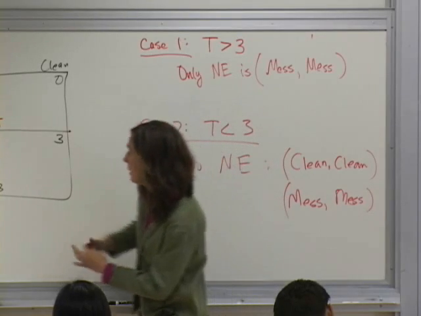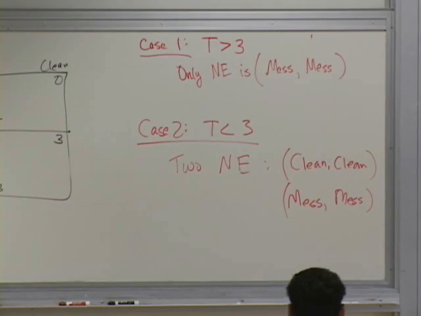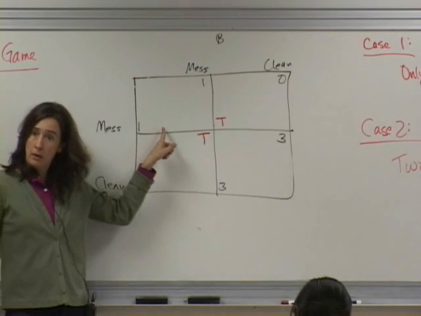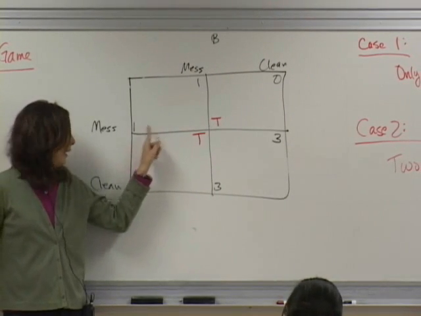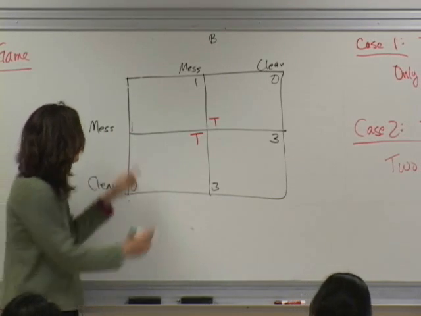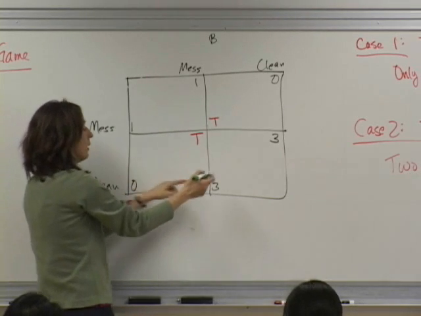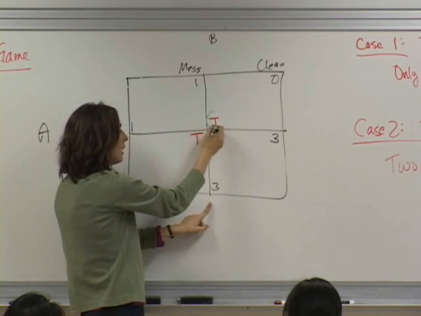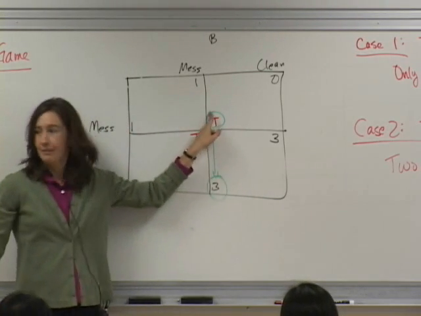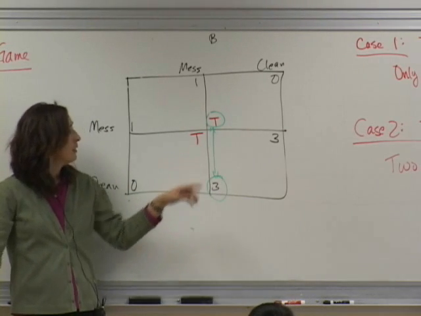I picked 3 because that's the comparison we're making. Let me highlight that since that's really the important thing that you need to be able to do. In asking whether there was a dominant strategy, I know that 1 is greater than 0. No worries here, no variables. So I know that if we're in this column, I want to be in the mess row. The question is if we're in the clean column. Then the question is whether T is greater than or less than 3.